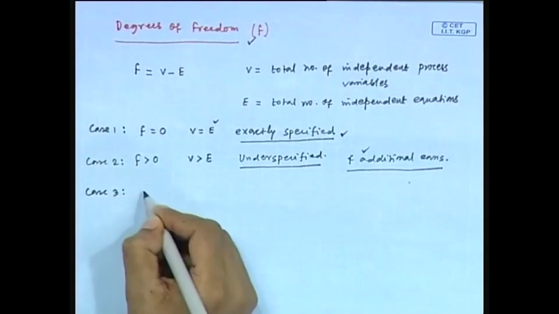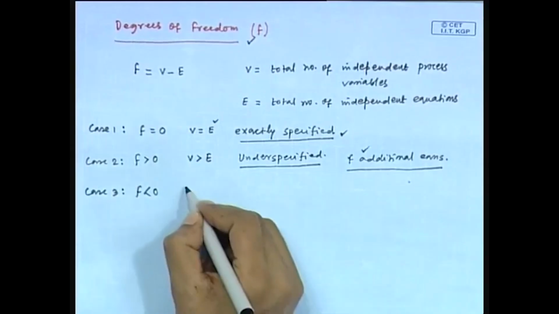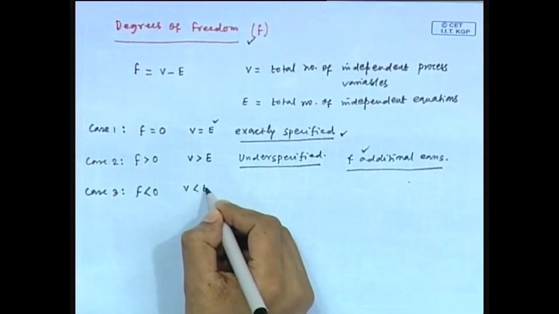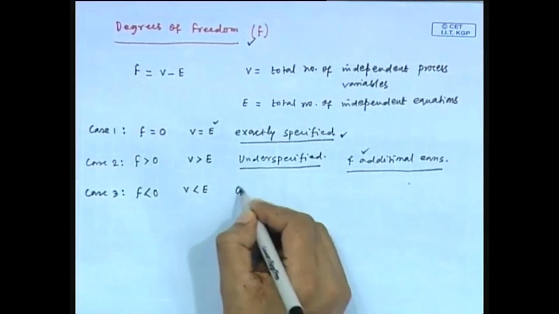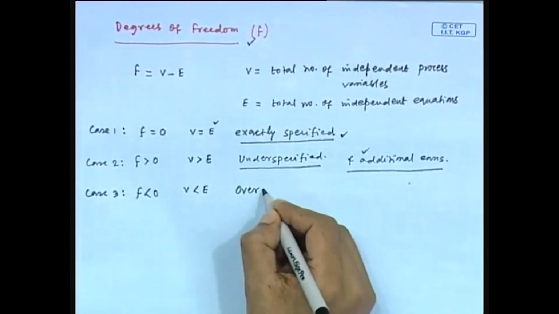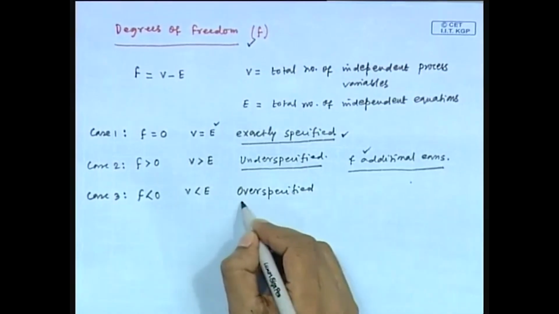The last case is F is less than 0. That means the total number of independent process variables is less than the total number of independent equations, and in this case the system is called overspecified. Fine.